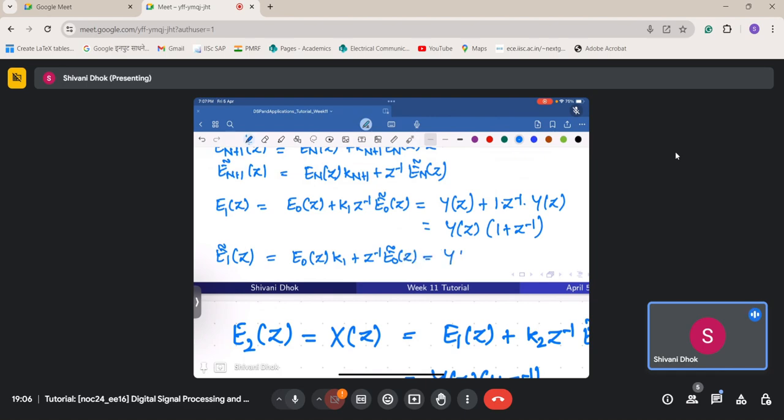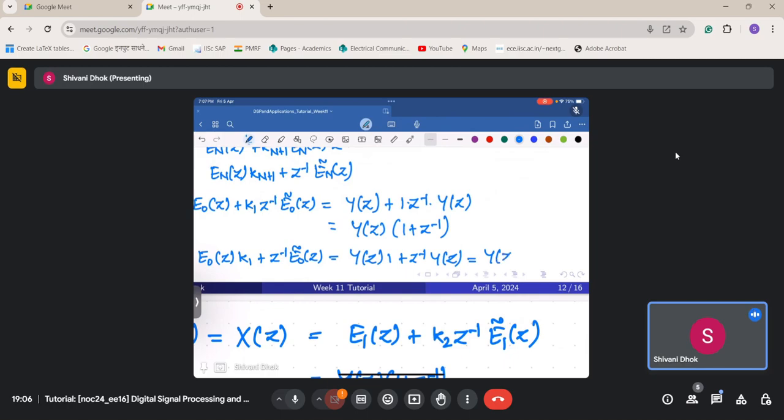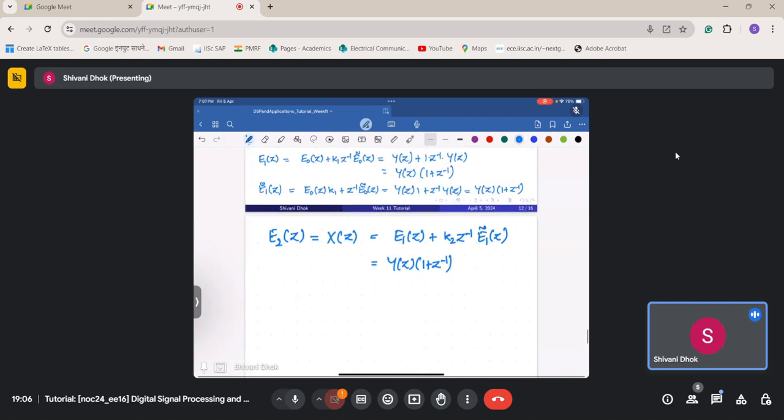So this will be equal to y of z into k1, which is 1, plus z inverse into y of z, and this comes out to be y of z into 1 plus z inverse. So this is what we have here, plus k2 z inverse into y of z into 1 plus z inverse.